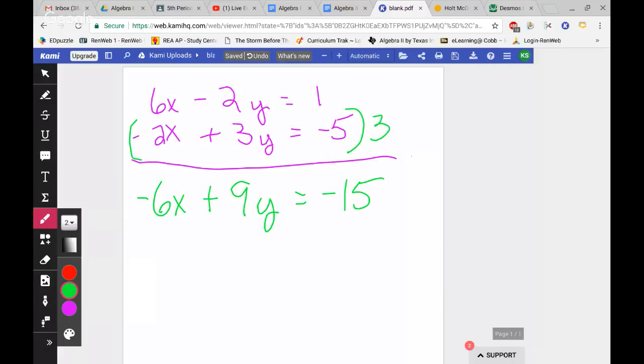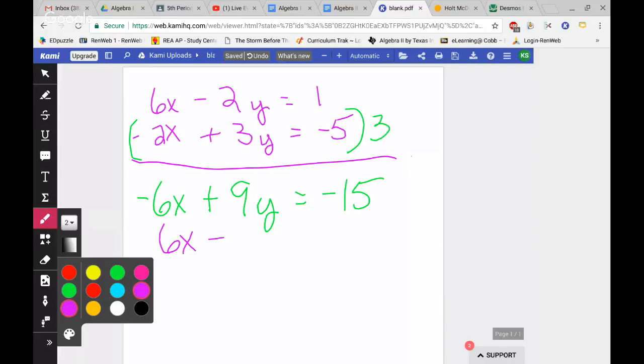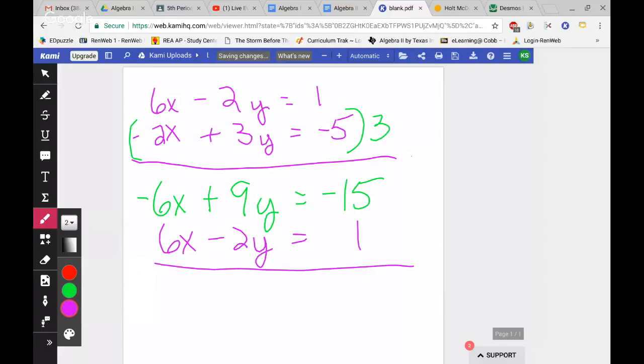So now I haven't changed the value of that bottom one. It's just in a different form, but it's still the exact same line. And to make the adding easier, I'll just write the top equation again. And now all we'll do is add the two together.